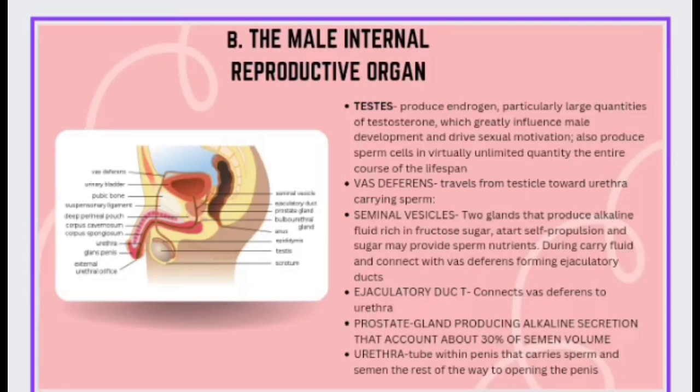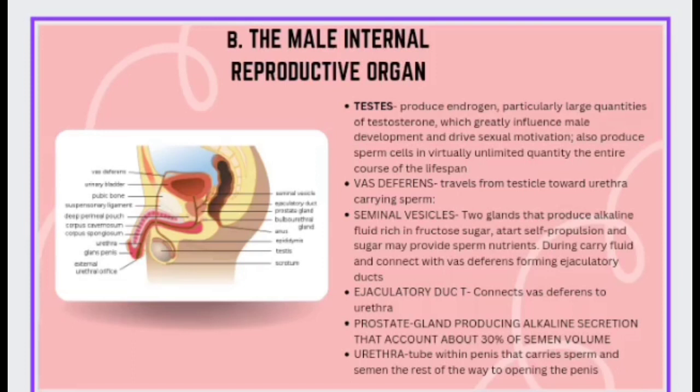The two seminal vesicles are glands that produce the fluids that will turn into semen. The vesicles may also be called seminal glands or vesicular glands. The next one is the ejaculatory duct, which connects the vas deferens to the urethra.